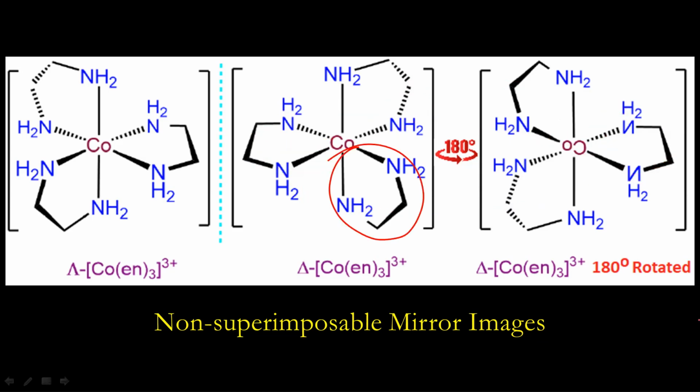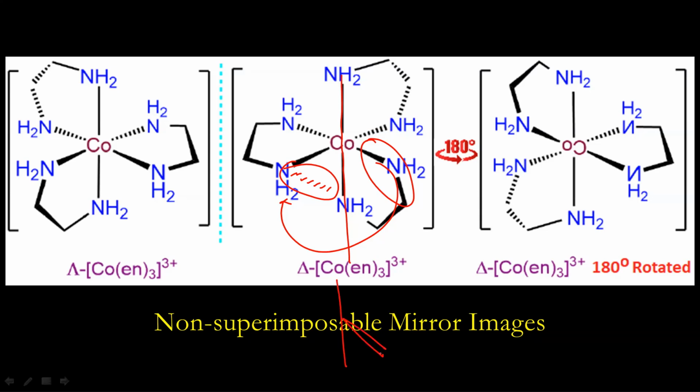When you rotate this one by 180 degrees, this which was towards us will now be away from us. You need to visualize it. So if this is towards us, you move it by 180 degrees, it will be away from us. Is that clear or not?